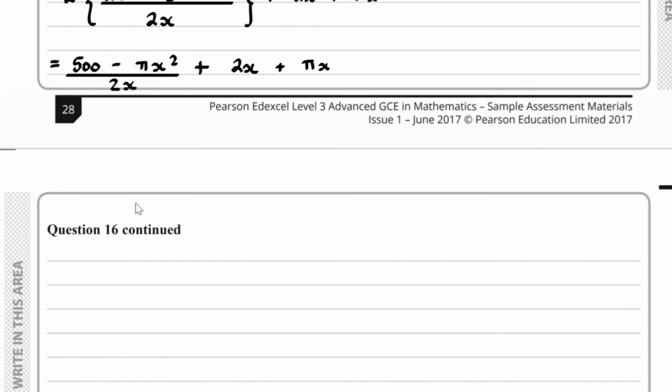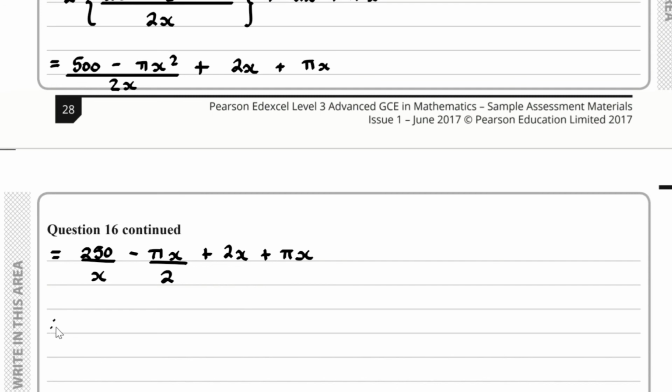And so if I split this up, we've got 500 over 2x, which is 250 over x. And then we have minus pi x over 2 plus 2x plus pi x.